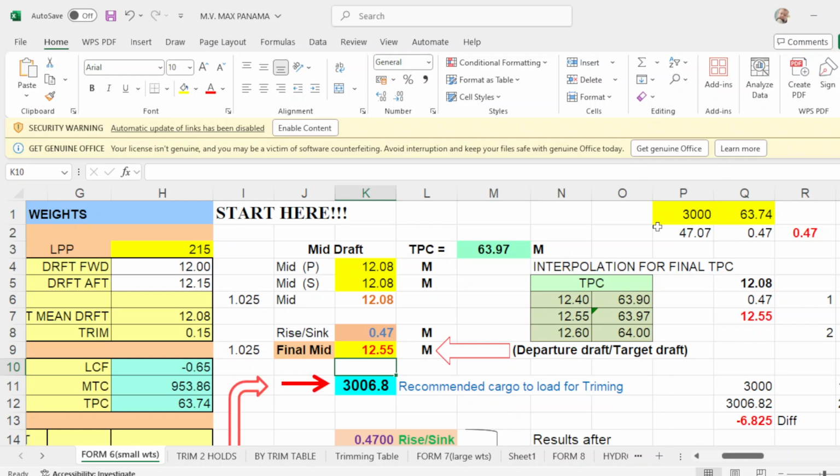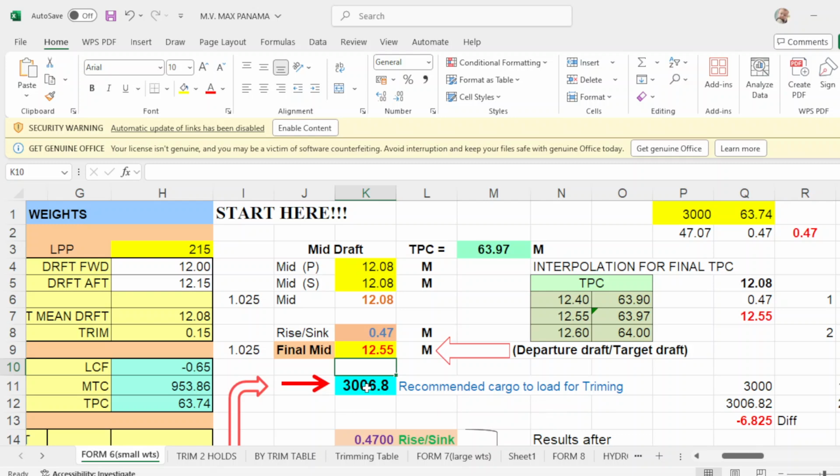As the problem says, the remaining cargo to load is 3,000. But according to the program, the remaining cargo to load for trimming should be 3,006.8 metric tons, as recommended for trimming.